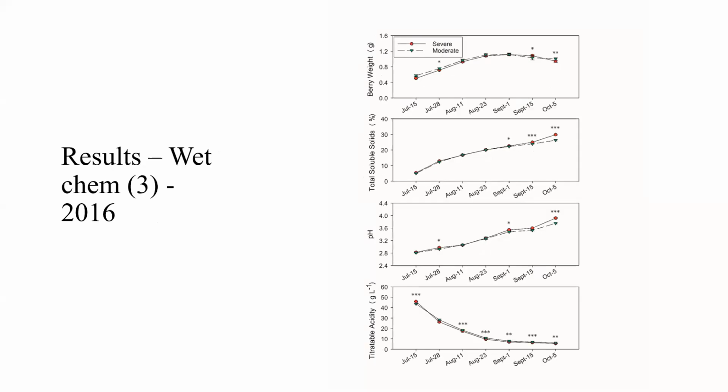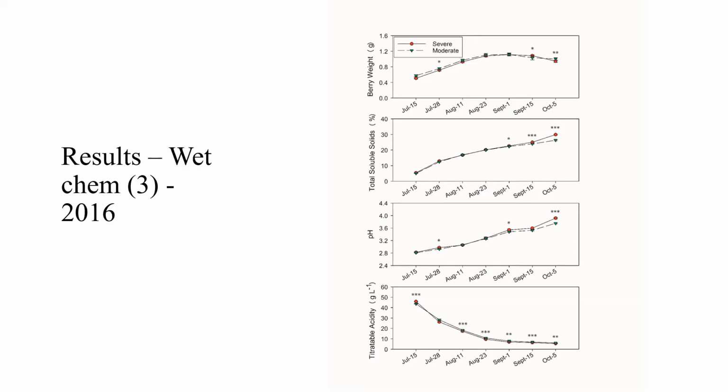These results led to differences in berry composition. At harvest, in the moderately water stress zone, the berries were heavier, which is August 5th, 2016. The total soluble solids were higher in the severely water stress zone compared to the moderately water stress zone when pushing close to harvest.